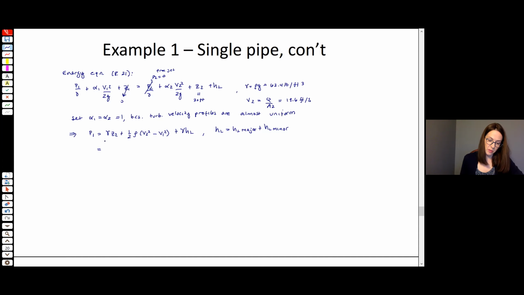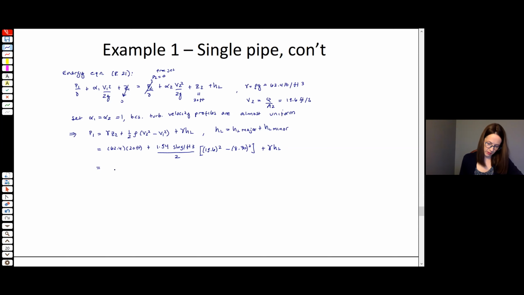And then just plugging in our numbers here, we've got 62.4 times 20 feet plus 1.94 slugs per cubic feet over 2 times 19.6 squared minus 8.7 squared plus gamma times the head loss.